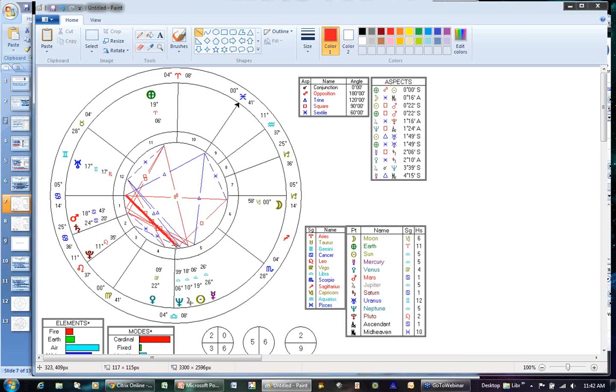This is one of her T-squares that involved her ascendant, her moon, and the ruler of her ascendant, Neptune. See, it's half of a square. It's half of that cardinal cross. She's missing the point that goes up this way.